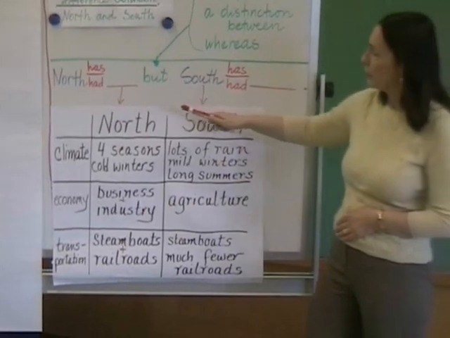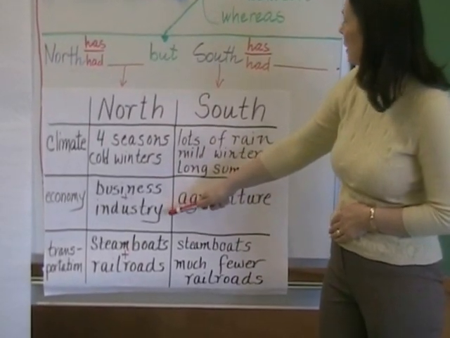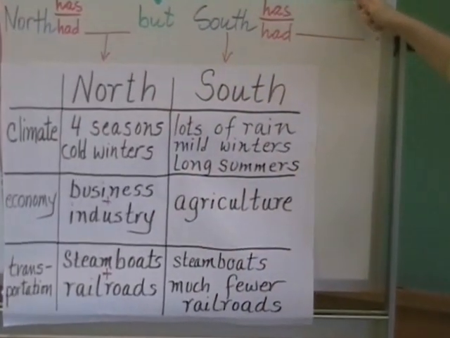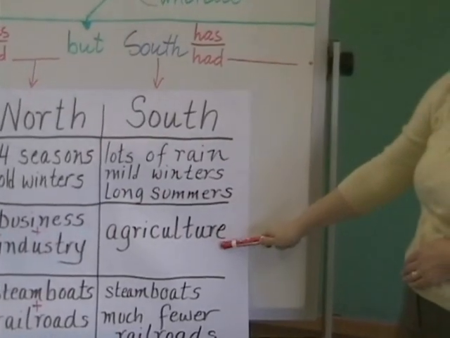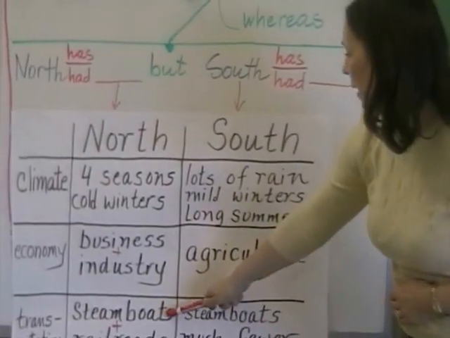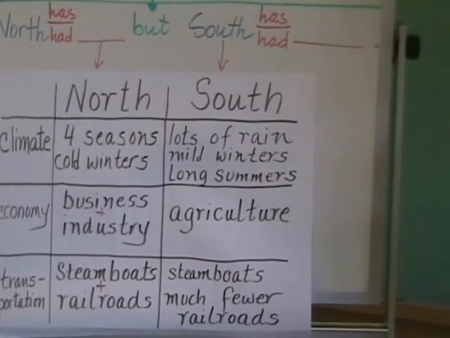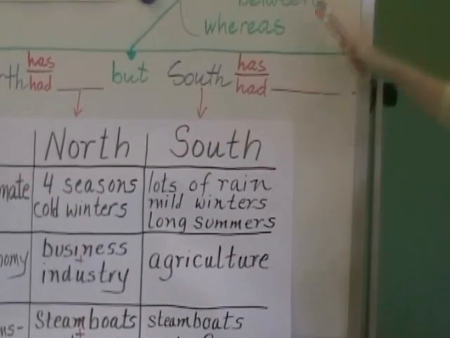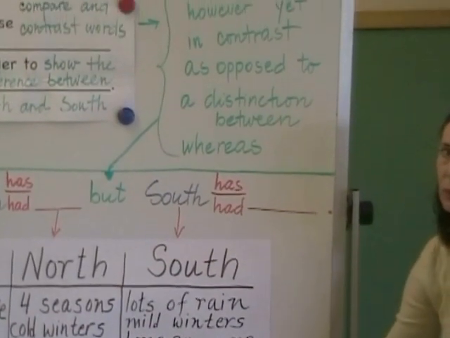Other examples could be, north had business and industry, whereas south had agriculture. One more example. North had steamboats and railroads, in contrast to south that had steamboats and much fewer railroads.